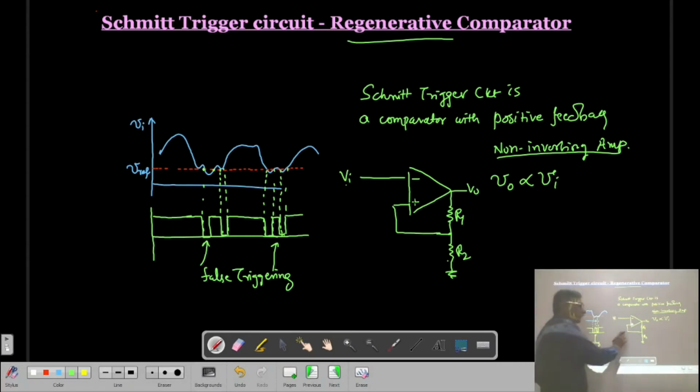Remember, here we have a positive feedback, and this circuit is known as a Schmitt trigger circuit. It is an inverting Schmitt trigger circuit.